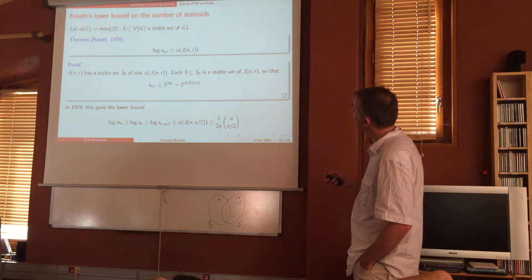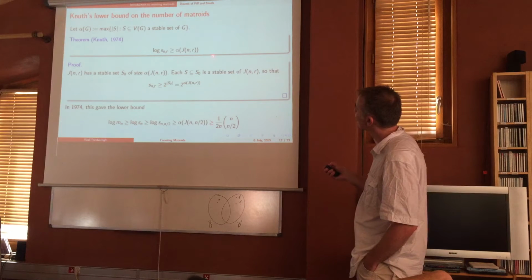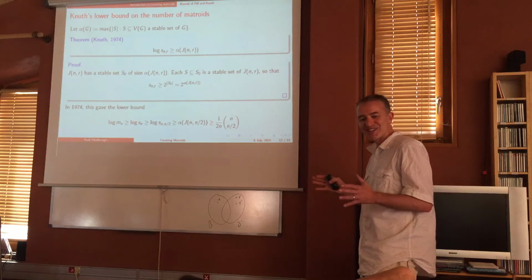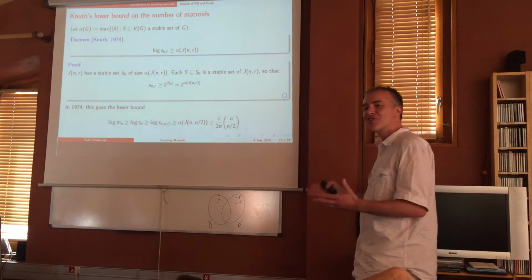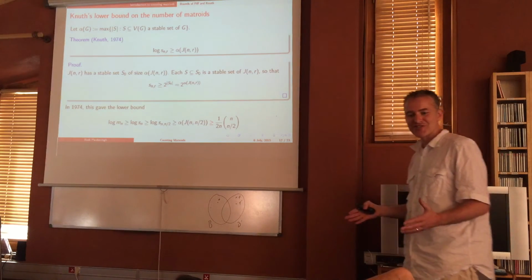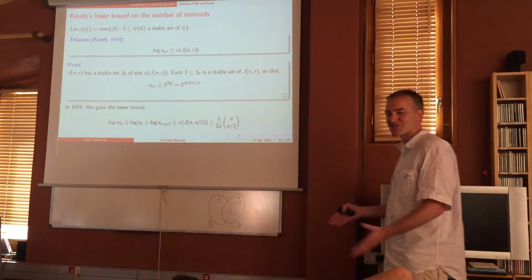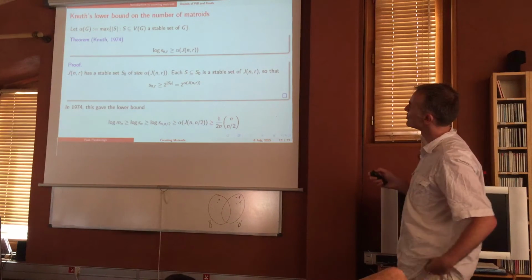and I'm not doing him justice exactly by writing his theorem like this, because it more or less trivializes what he did. But after you realize that the stable sets in the Johnson graph give you sparse paving matroids, this is essentially the only thing you need to do.